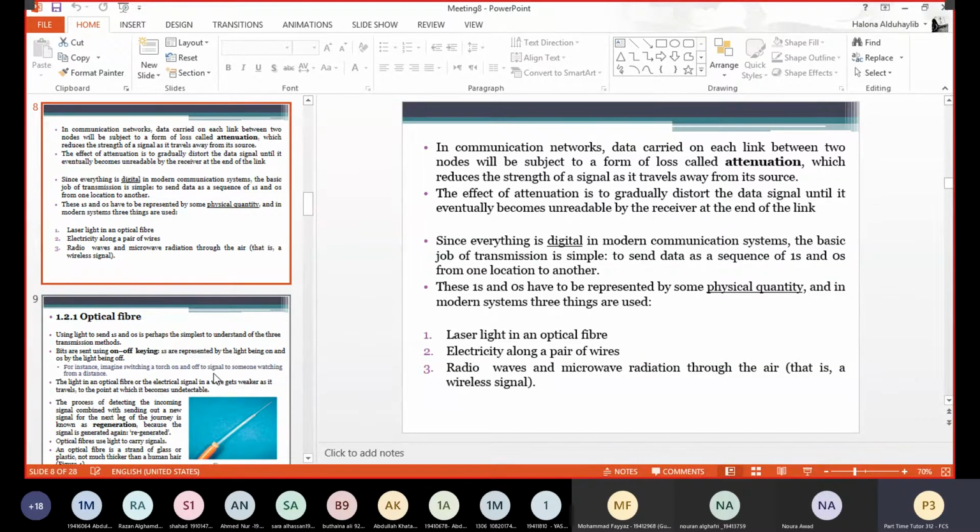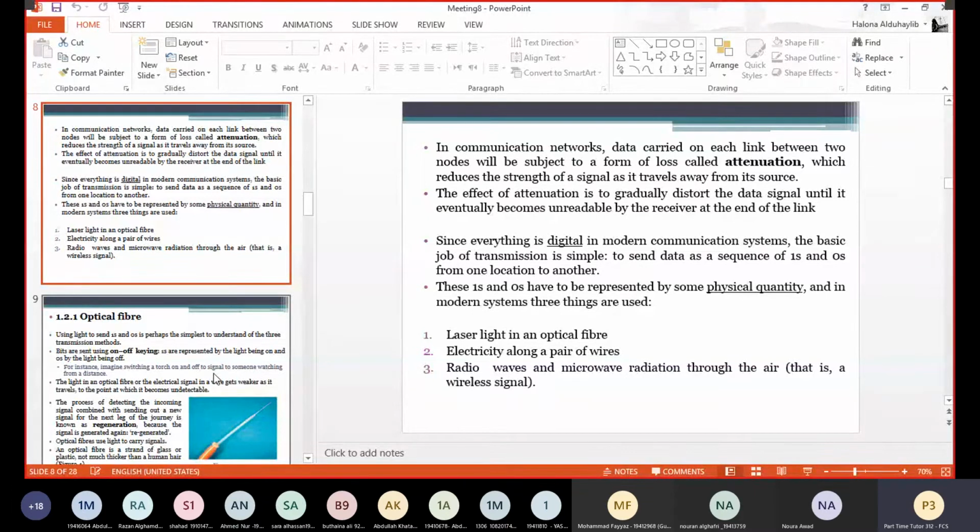The effect of attenuation is to gradually distort the data signals until it eventually becomes unreadable by the receiver at the end of the link. So the problem is highlighted here. If you get a weak signal, the receiver will not be able to read it correctly. This means you need to restore the strength of the signal as it becomes weaker.